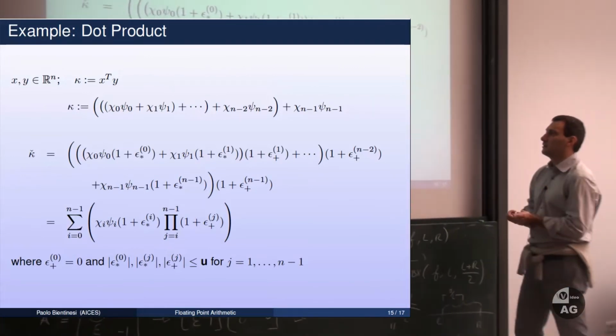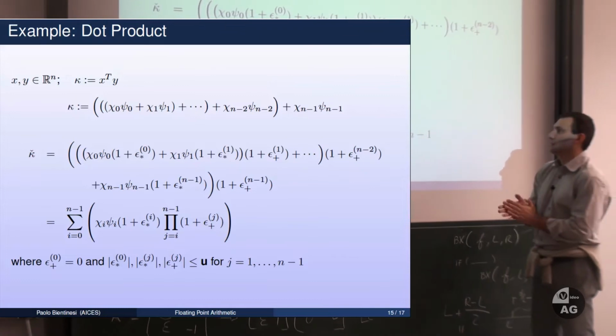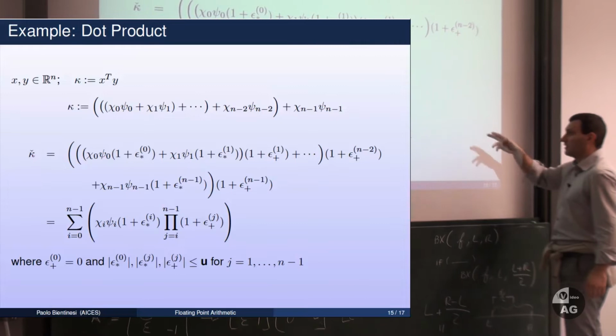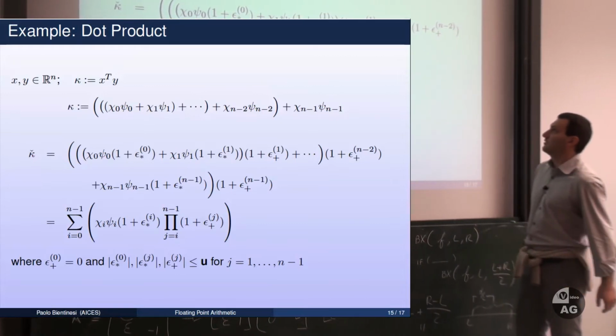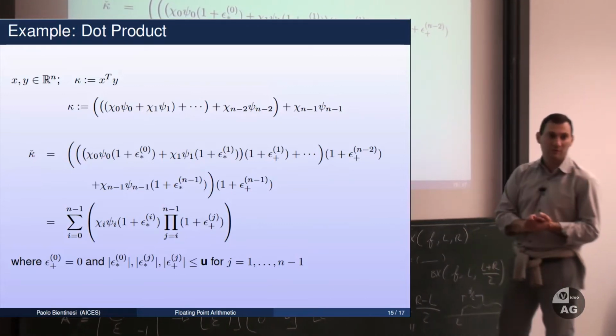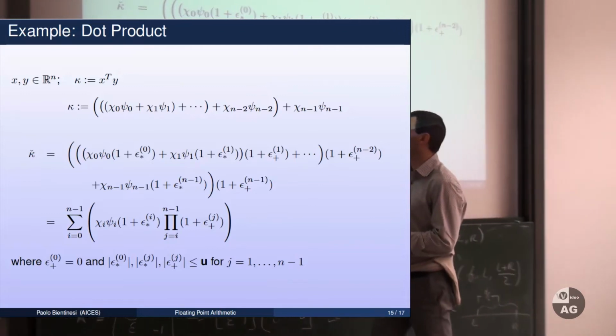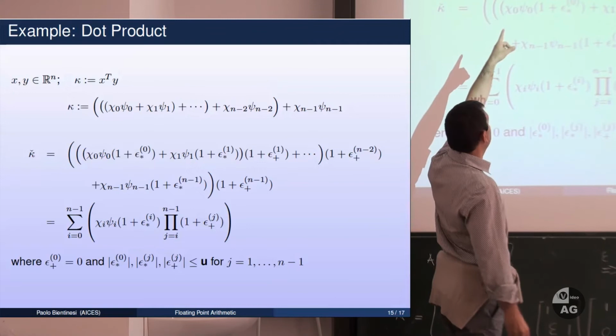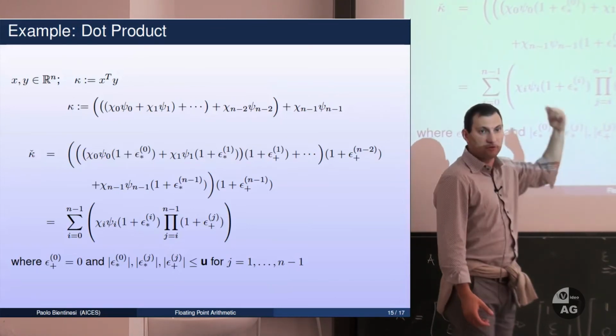So in the other semesters, I actually teach the error analysis, so I could cover this, but I don't want to spend the 20 minutes on the inner product. I just want to show you, we start from an inner product, x transpose y. What are those things?